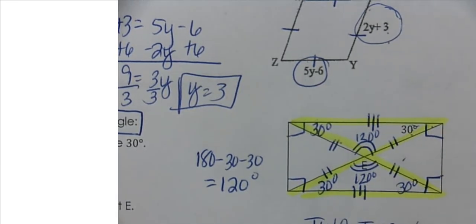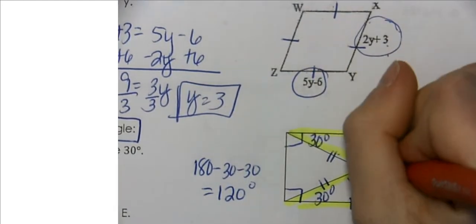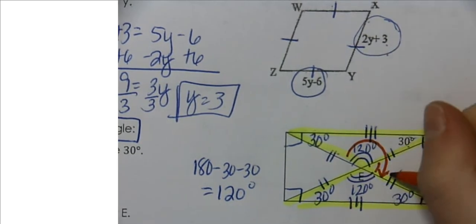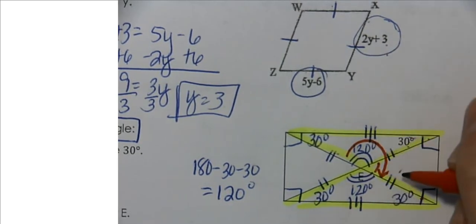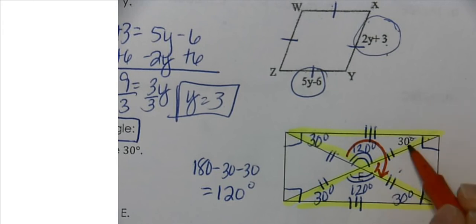The last property that I'm going to be working with is a linear pair. And I know that 120 degrees and this angle over here together form a linear pair, together form a line. I can also view this as an exterior angle, and this exterior angle is the sum of the 2 non-adjacent interiors, making this 60 degrees.